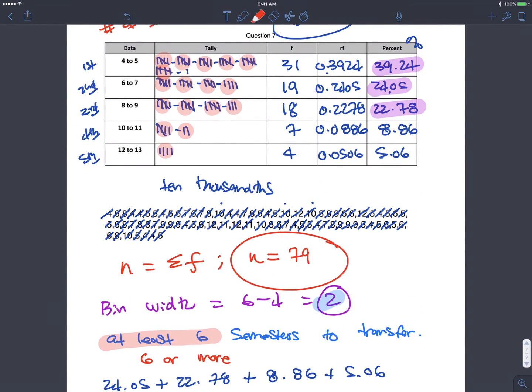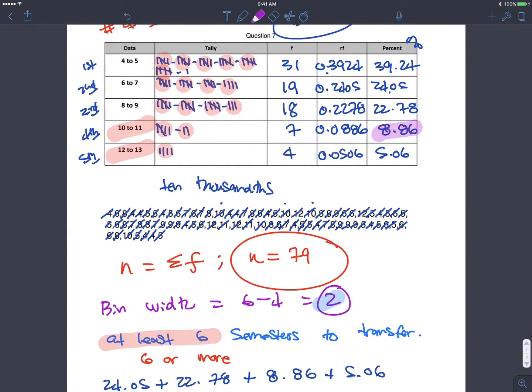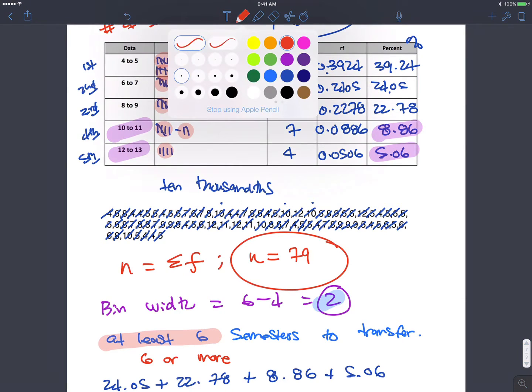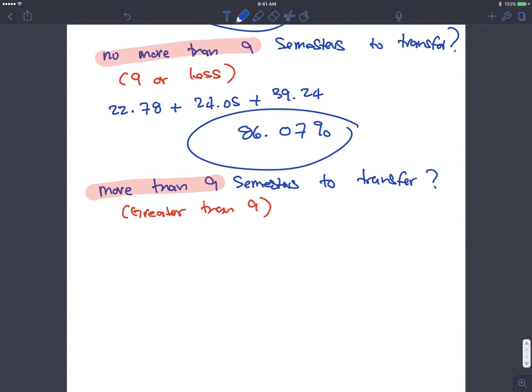That means 10, 11, 12, and 13. The last 2 bins here. So let's highlight all the bins associated with more than 9. I guess let's be consistent. 10, 11, 12, and 13. Those are more than 9. So we're going to add 8.86 and 5.06.